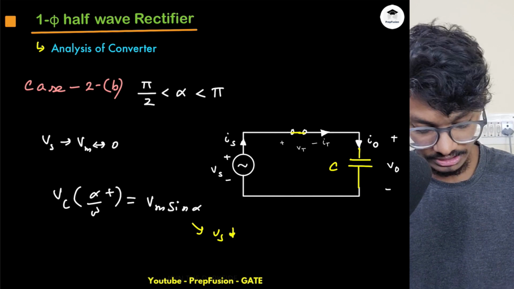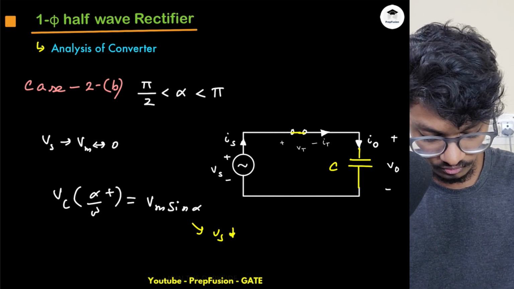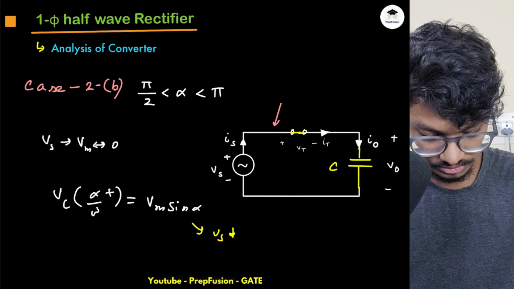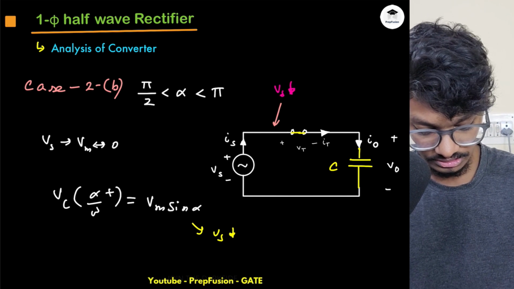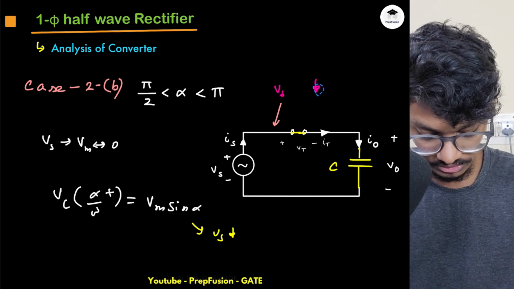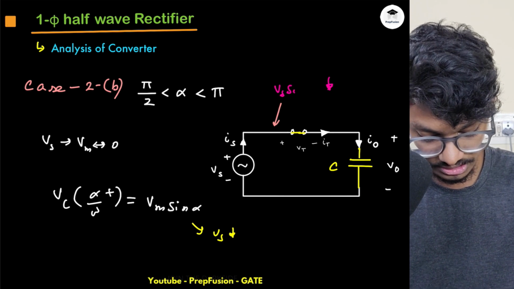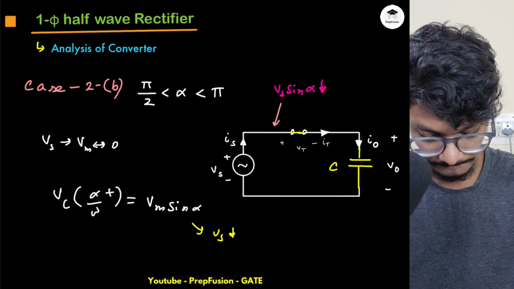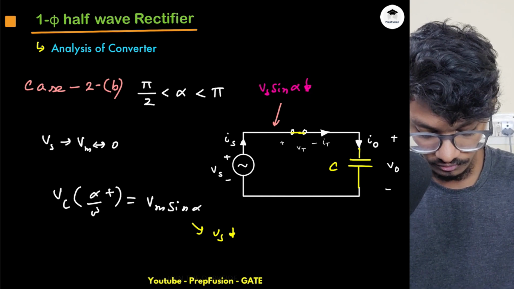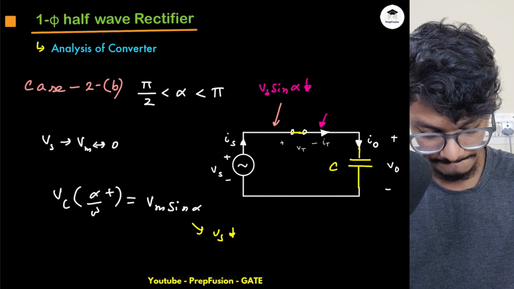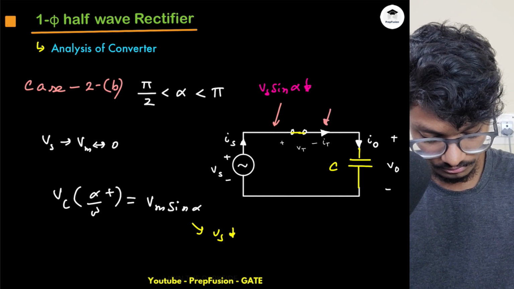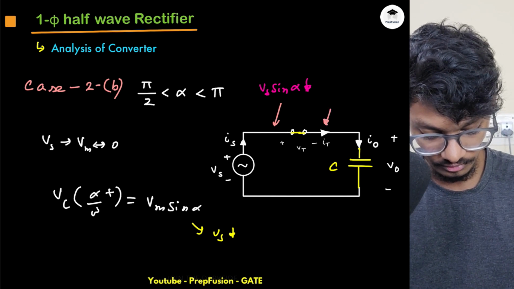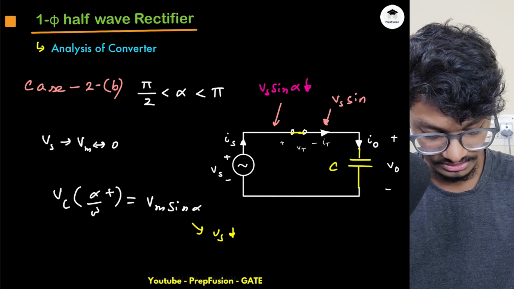If VS reduces, then this node voltage reduces. This node voltage is VS sine alpha, and this node voltage is fixed. VS sine alpha fixed, this is fixed.